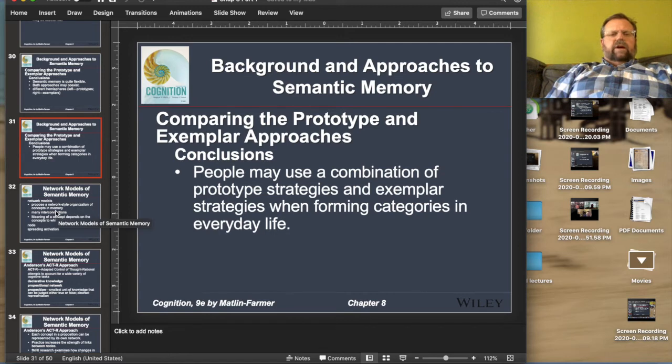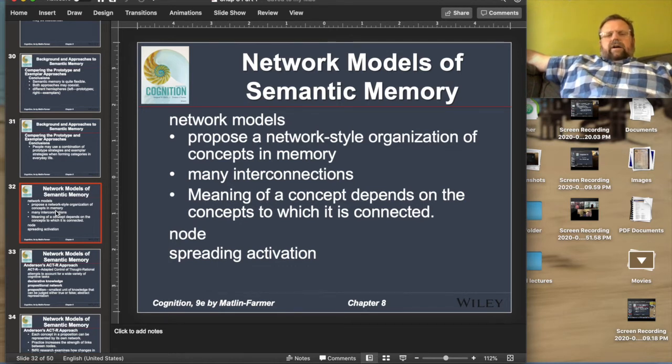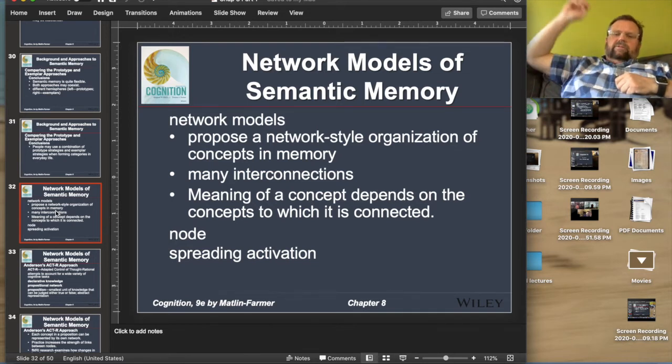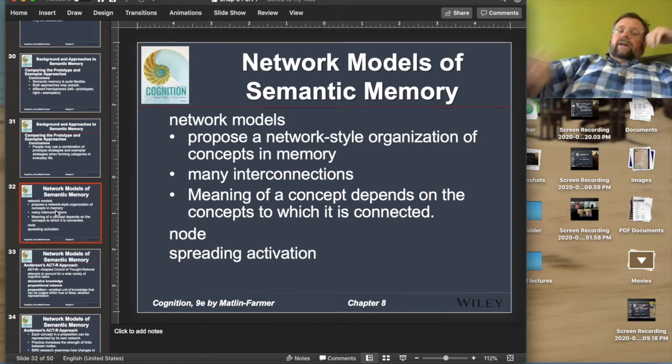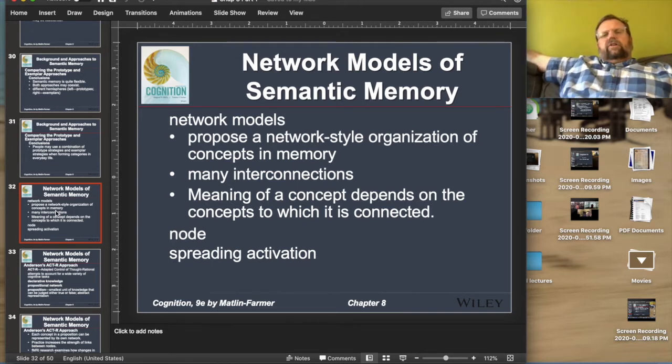Okay, so moving on from prototype and exemplar theories about concept formation, we're going to talk a little bit about network models. Network models provide a network style to the organization of concepts in memory. The idea is that there's a network of interconnections within which concepts are located.